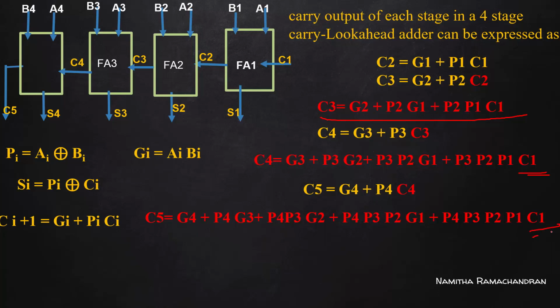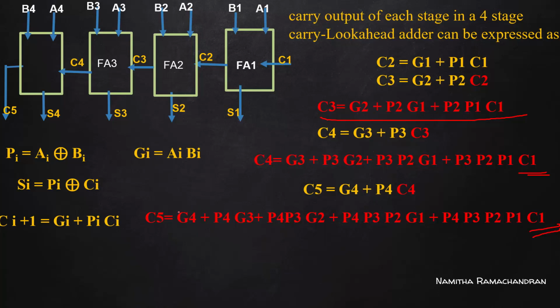Again, here it uses only one carry value, that is the initial instant carry input value, and all other terms, G4, P4, G3, P4, G2, etc., are derived from our instant inputs like A1, B1, A2, B2, A3, B3, etc. So the expression for C5 is again expressed completely using our instant inputs.